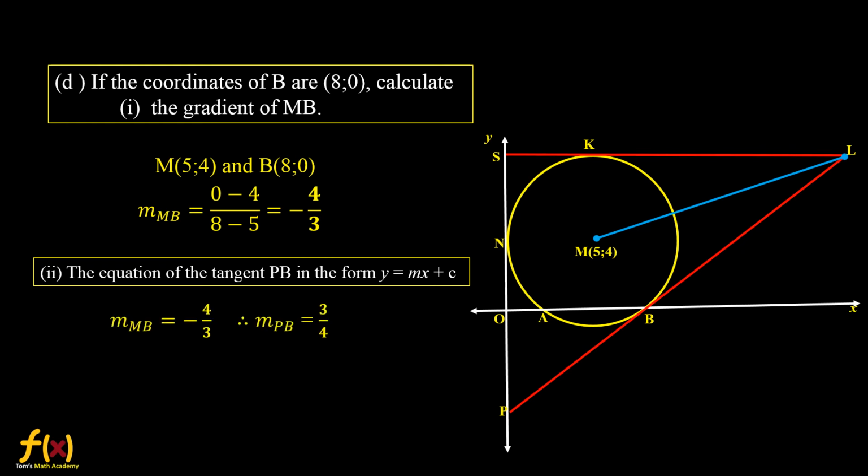So the gradient of PB is going to be positive 3/4. And we use one point. What is the point? B, 8, 0. Substitute into the formula and modify. We get y equal to 3/4 x minus 6.